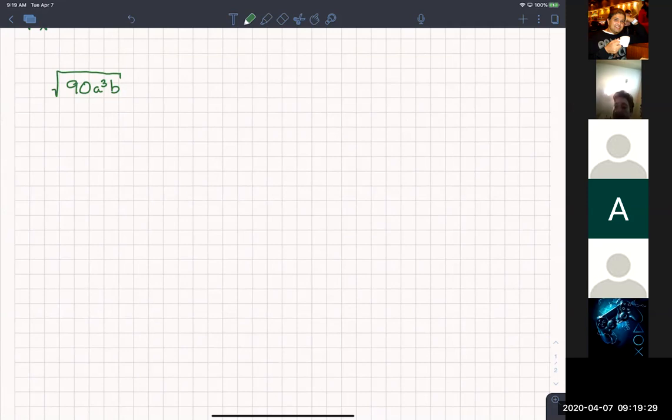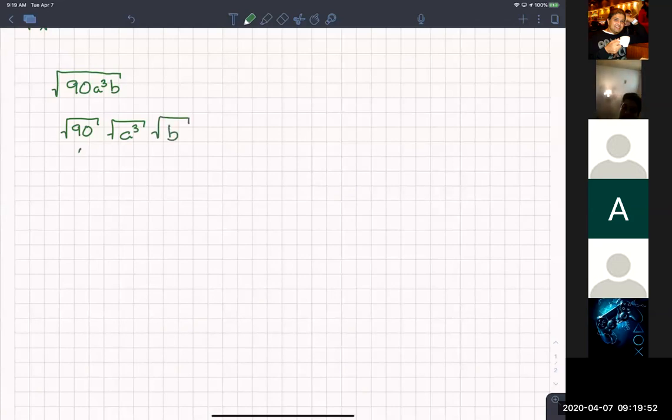Is it 30a squared? No. Remember, what do we do first? You do the prime factorization, don't you? No. Remember, you simplify it, you separate. Remember, we separate the variables and the number.